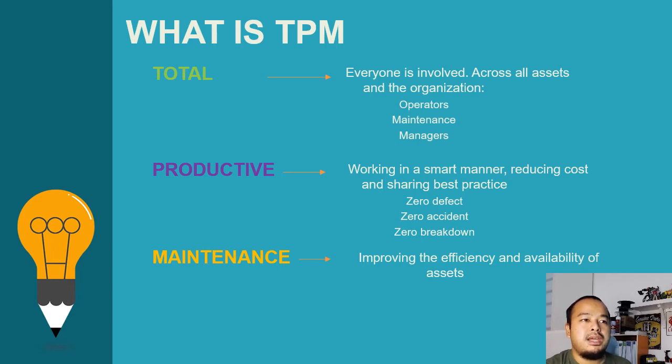And at the end is maintenance, which means improving the efficiency and reliability of the assets, where we want the machine to run perfectly and smoothly without any hiccup, without any disturbance. Okay, tak ada gangguan, tak ada breakdown yang akan affect the whole production line. So that's important.